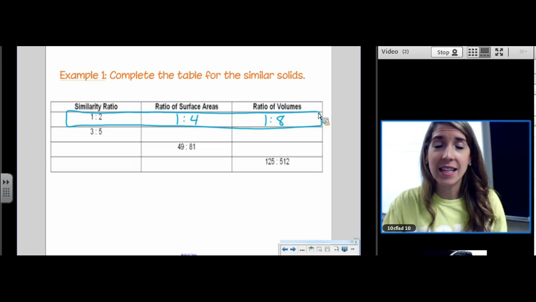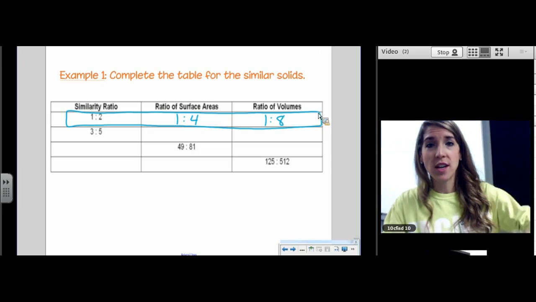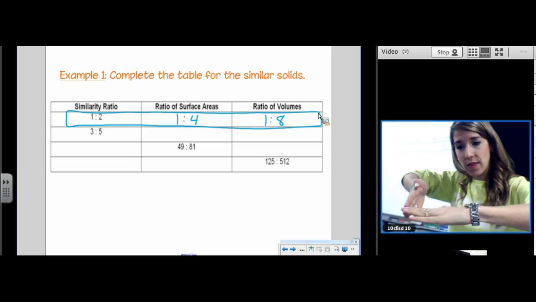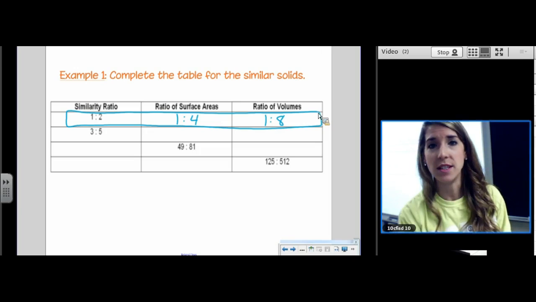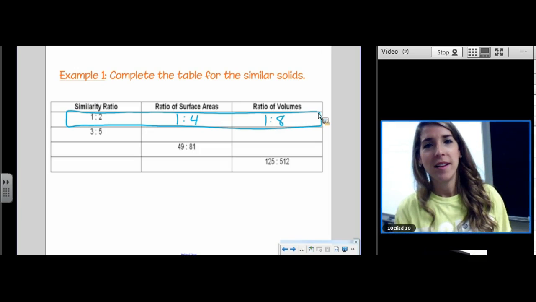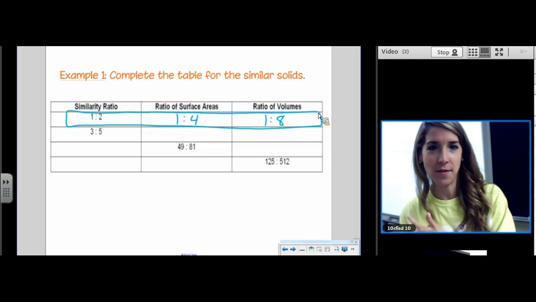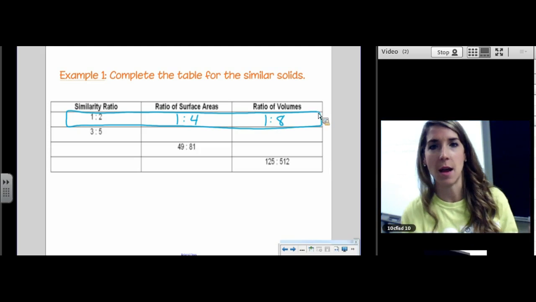It is 8 times bigger. Because when you double the sides of a cube, you're doubling the length, you're doubling the width, and you're doubling the height. You're doubling 3 dimensions, not just 1 dimension. Okay? So if I say, in a story problem, so-and-so doubled the side of a cube, what happened to the volume? You would say the volume was 8 times bigger.